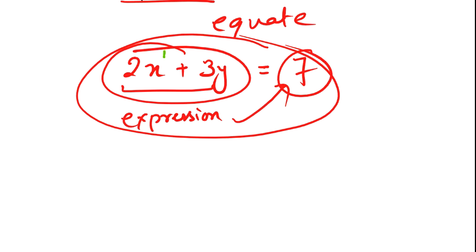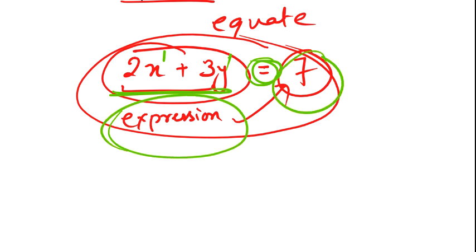Why linear? Because the power of the variable is 1. And why equation? Because I am equating this expression with something. Clear? Now let us understand a few important things. Number 1, suppose one of my numbers is 7 and I write 7 equals 7.